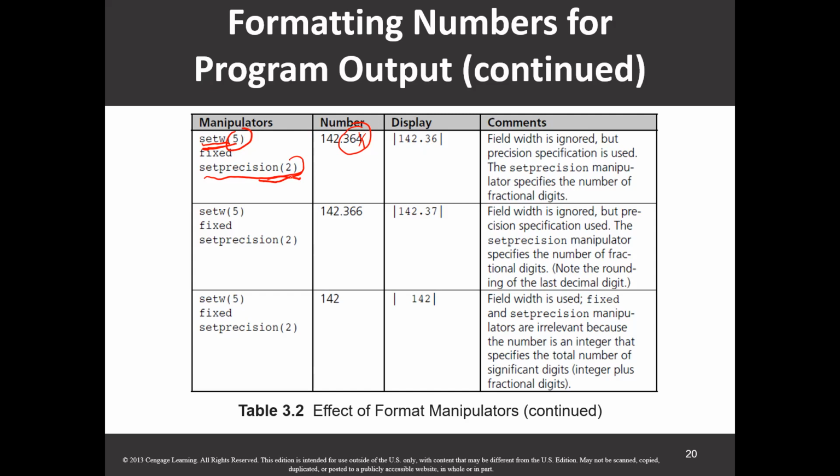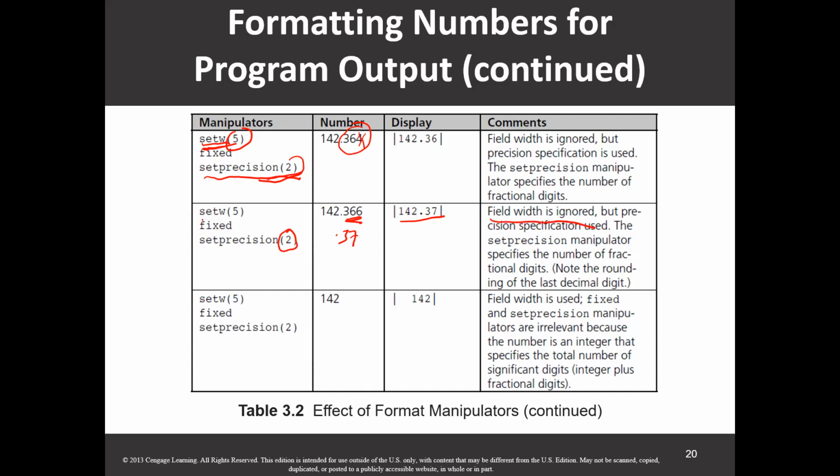The next situation is exactly the same, but when the digit number 366 can actually be rounded. Instead of 0.306, we can put it as 37.37, because of the 2 precision, and of course we will ignore the filled width.